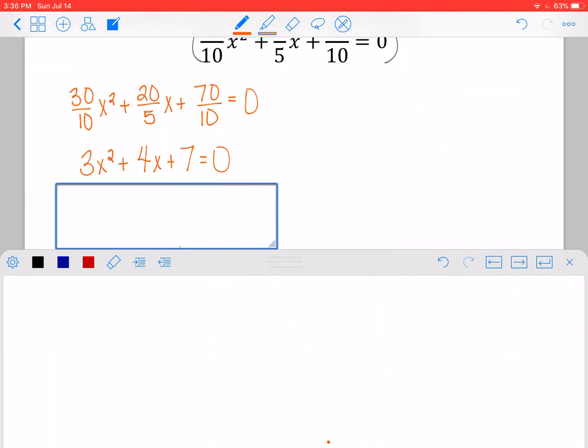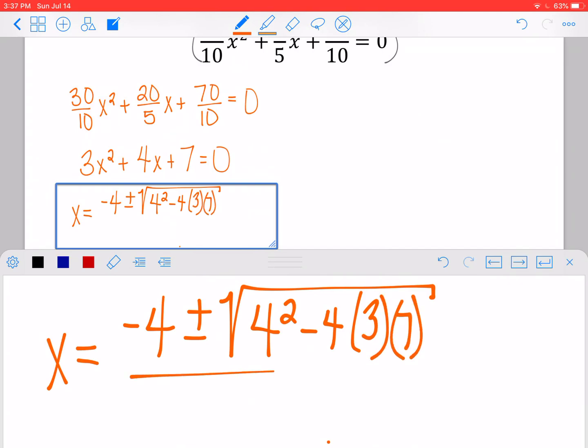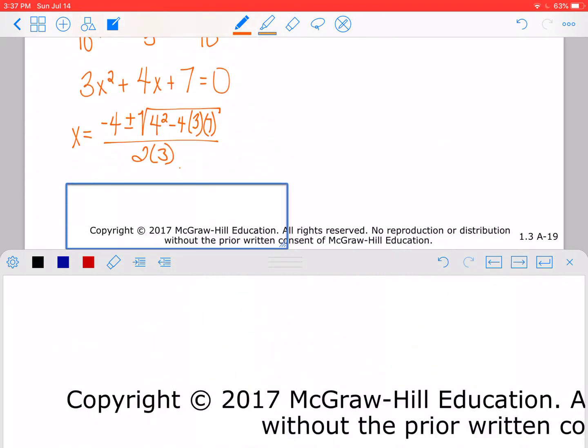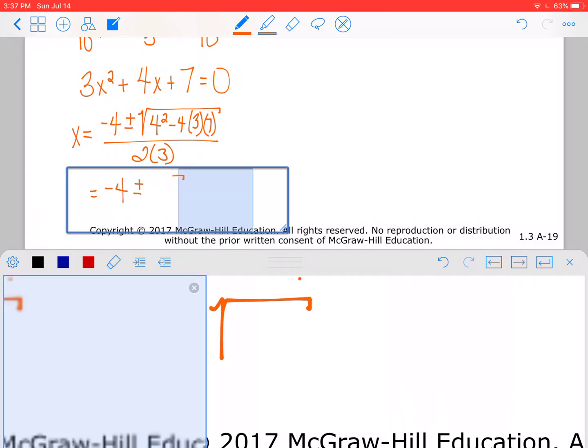Simplify that, and we've got plus or minus the square root of negative 68 over 6. And now we know that that's allowed, right? So x is negative 4 plus or minus i times the square root of 68 over 6.